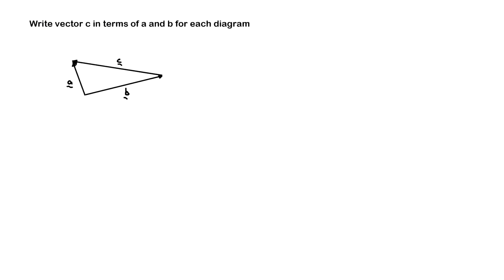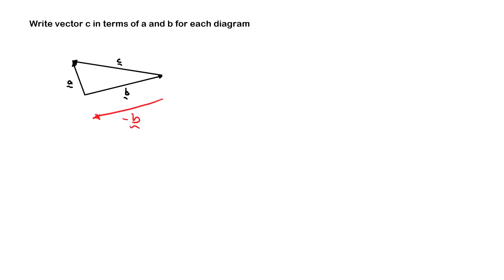Below we have a triangle and we need to write vector C in terms of A and B. Because vector A and vector B are going in opposite directions, we can't use the triangle rule at this stage. We do know that the opposite of vector B will go this way, which will give a negative.